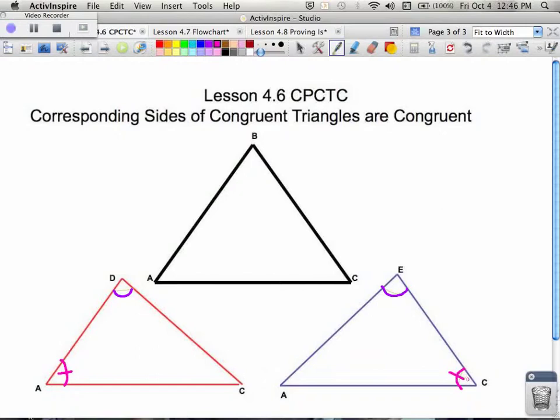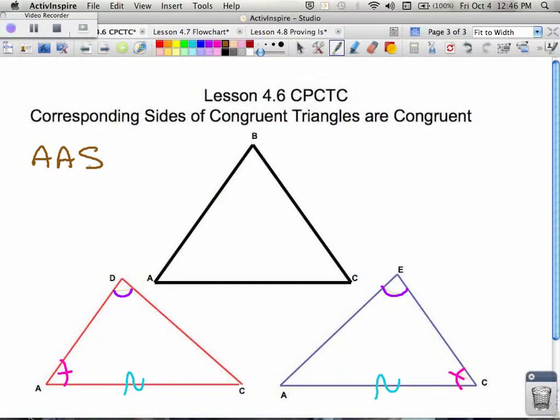And then, funny enough, we also have that the bottom side AC is the same as the bottom side AC. Hence, these two triangles happen to be congruent by the angle-angle-side postulate.